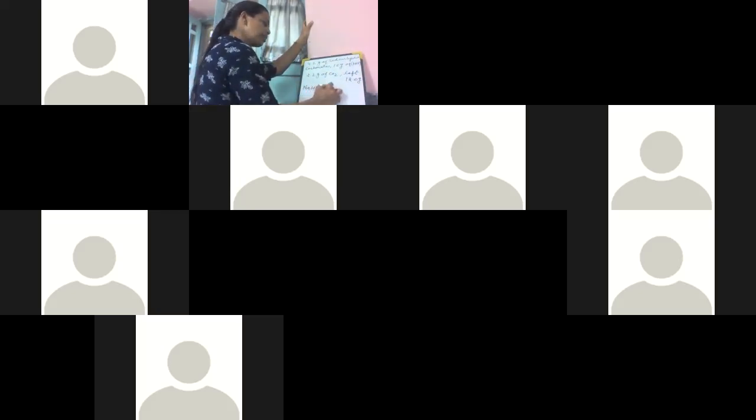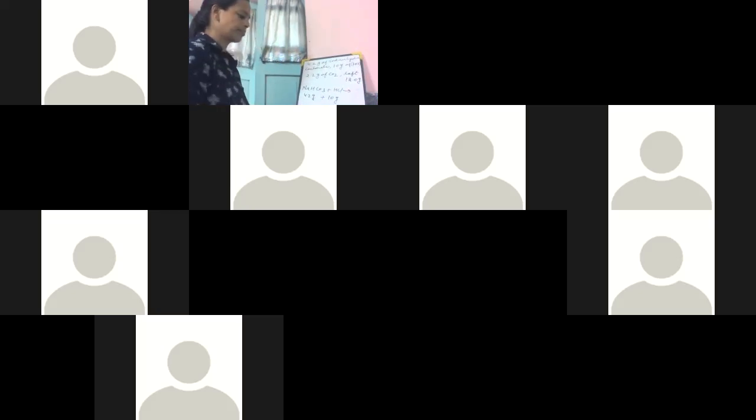NaHCO3, 4.2 gram, reacts with 10 gram of hydrochloric acid. It gives NaCl plus water and carbon dioxide. The mass of carbon dioxide is 2.2 and the residue is 12.